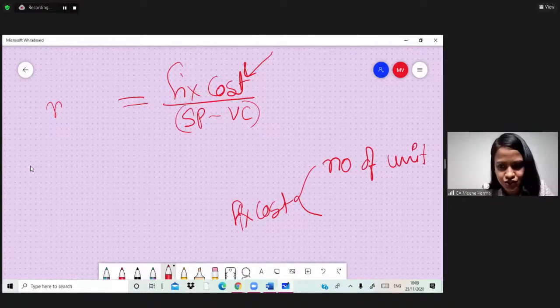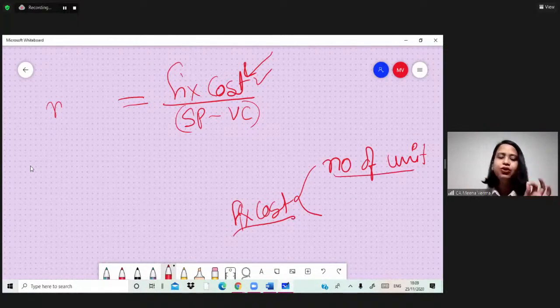If you produce a huge quantity, then the fixed cost per unit will be less, and if you produce fewer units, the fixed cost per unit will be more. This is what we have studied in CA Inter.